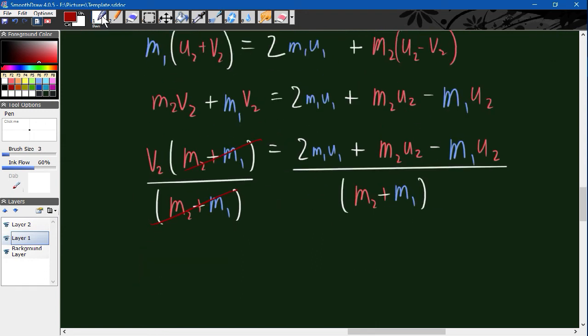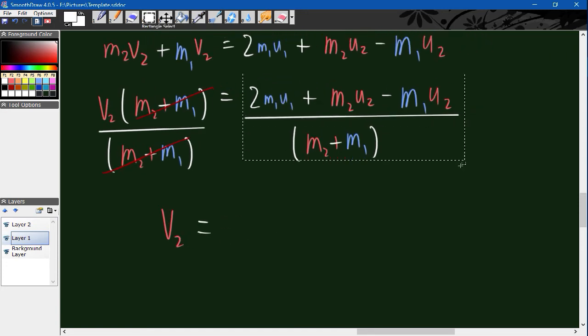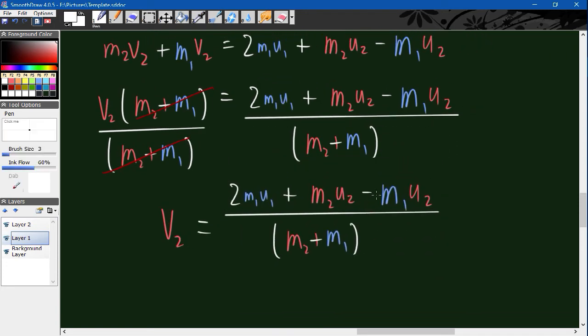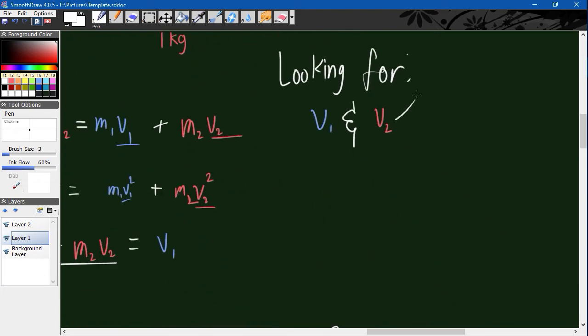Then we're going to be left with this. The final velocity of the second object would be equal to this. We just derived a full equation to find the final velocity v2. So we have v2 checked.